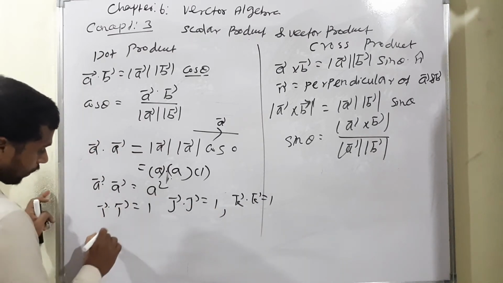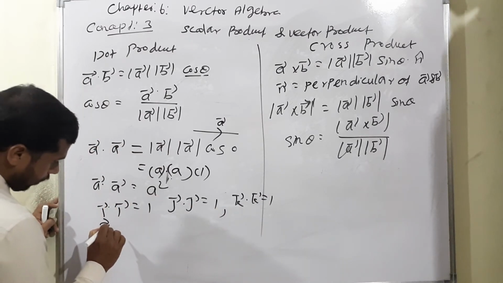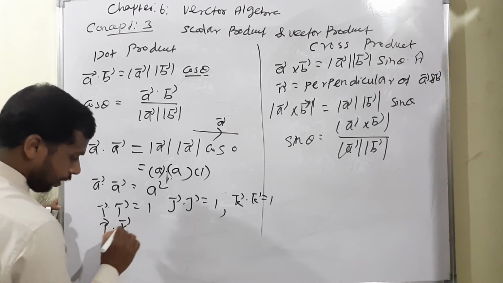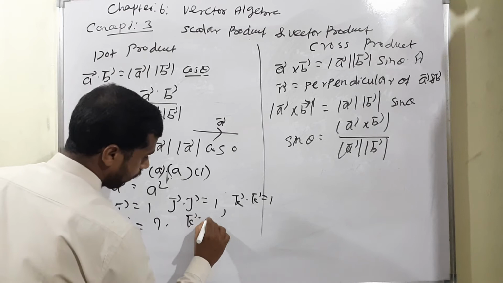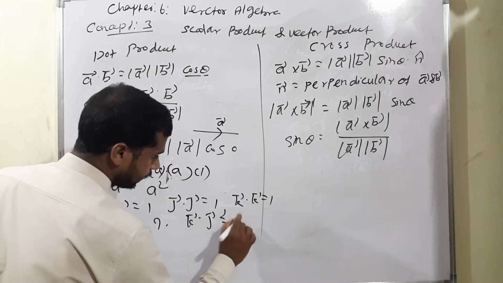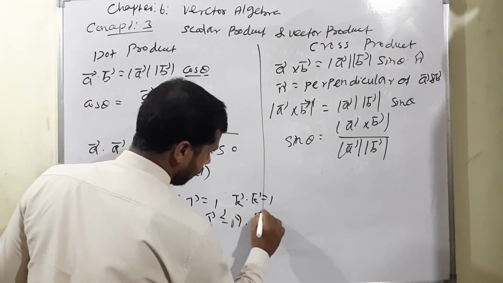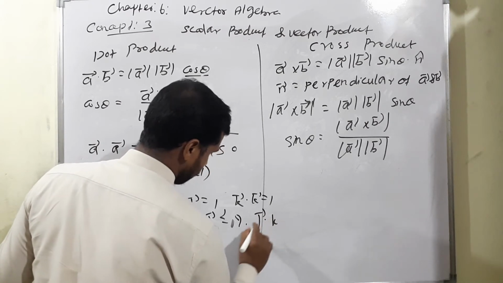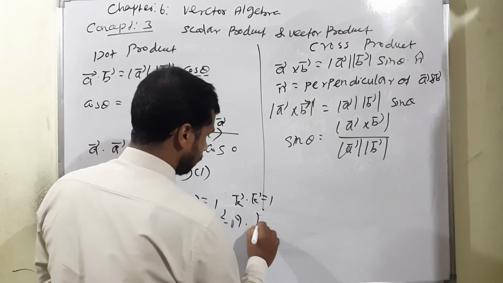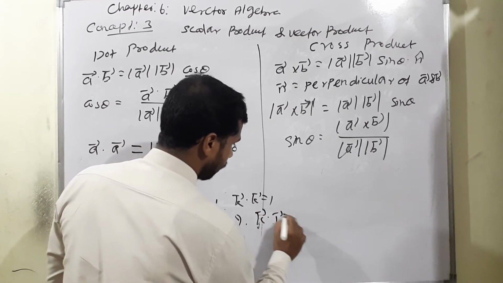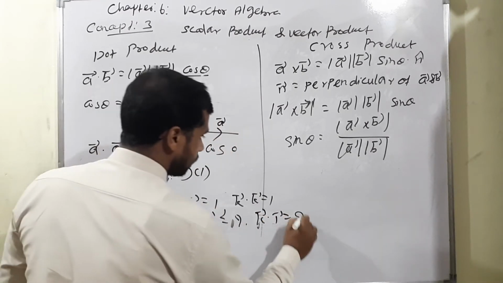But suppose we have i vector dot k vector, k vector dot j vector, k vector dot i vector: what is the answer? This is definitely 0.